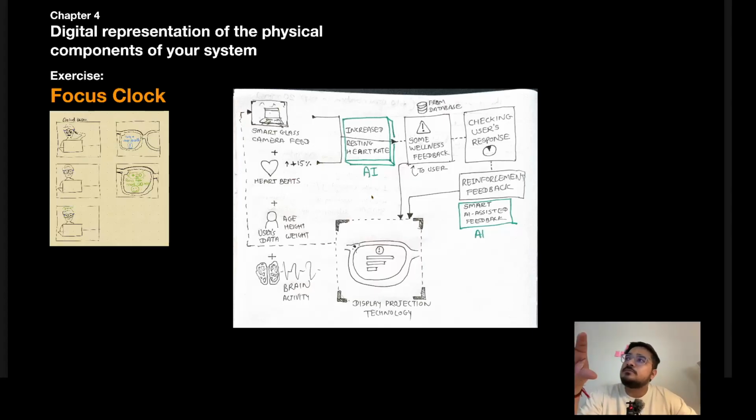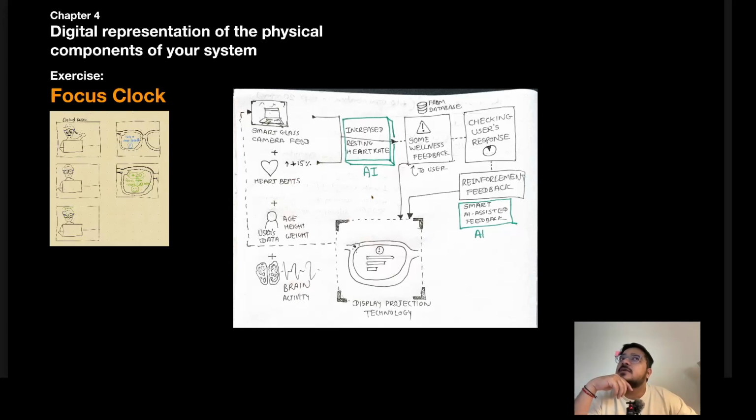Now, checking the user's response. If a user is not responding to your prompt, then it might be a problem. So it will check if the user is responding, and based on that the reinforcement feedback will be given. So what is reinforcement feedback?